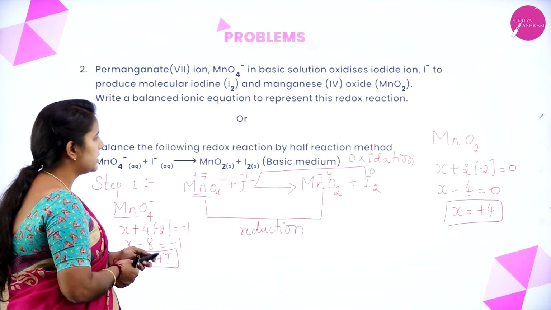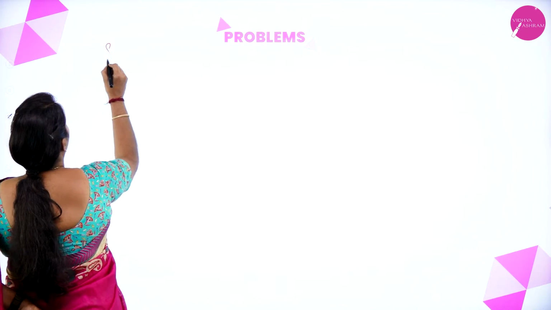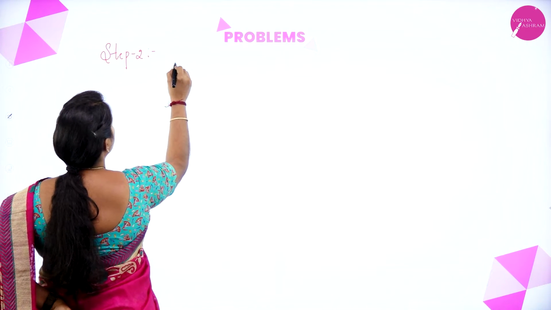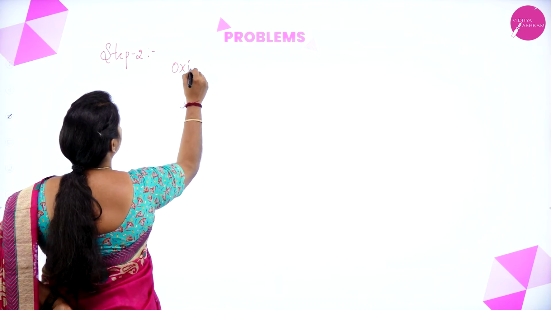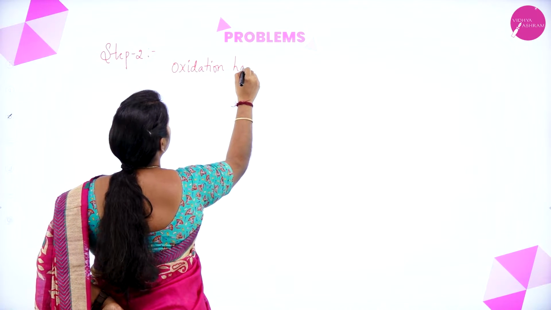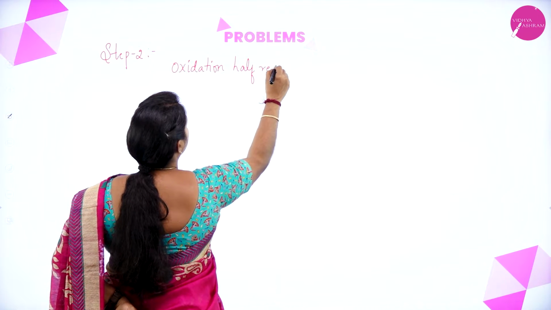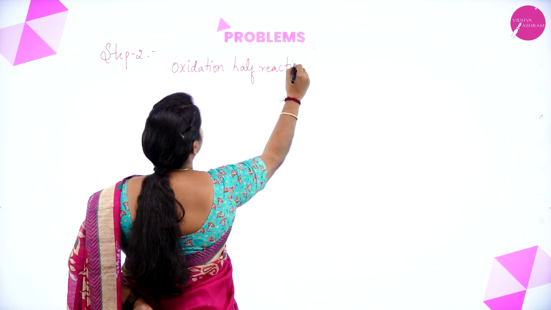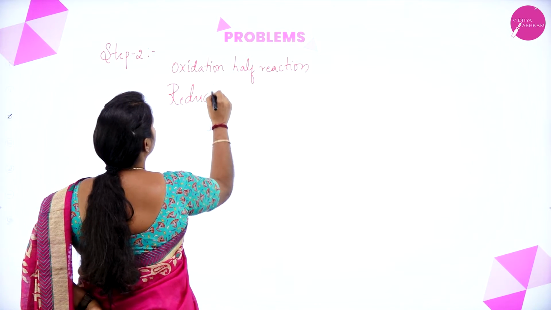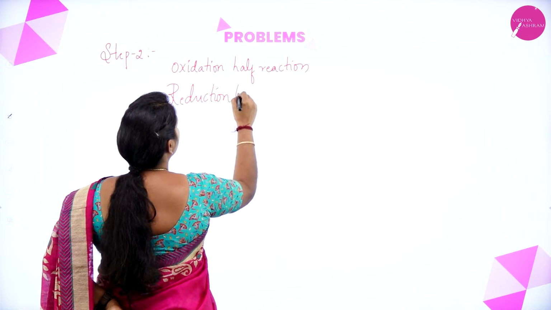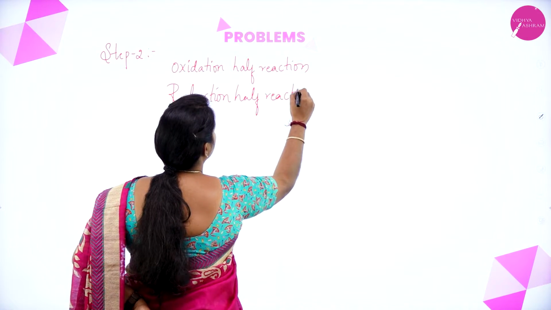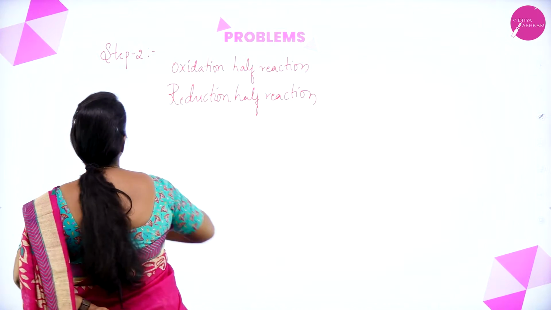And in the second step, step 2, we need to separate it out into the oxidation half reaction and the reduction half reaction. How to write this?